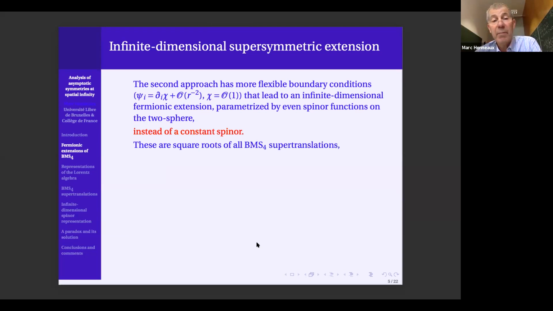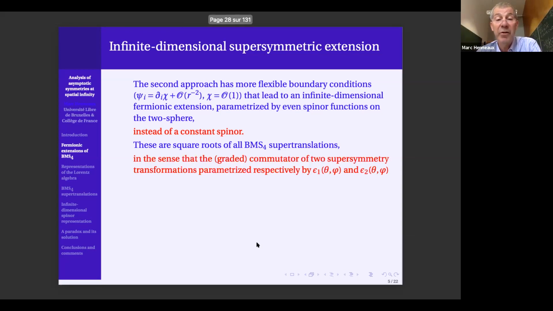And we found that indeed we have an infinite dimensional fermionic extension, and that the fermionic generators that will be parametrized by functions on the two-sphere are square roots of the BMS4 supertranslations, in the sense that if you take the graded commutator of two supersymmetry transformations, one parameterized by epsilon1, which is a function on the sphere, and the other by epsilon2, a function on the sphere, so that's the leading order of chi, you get a BMS4 supertranslation, which is parameterized by T and W, which are functions on the two-sphere.